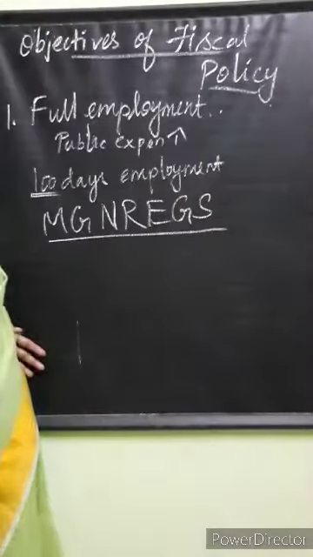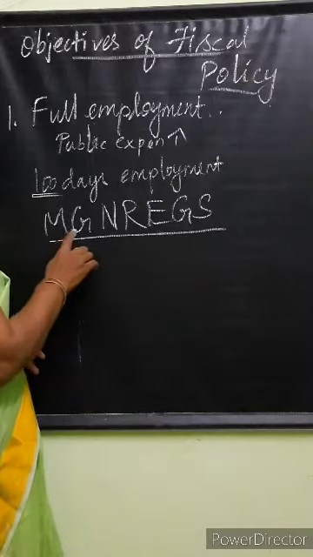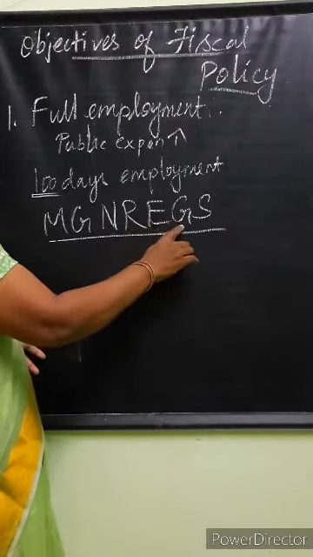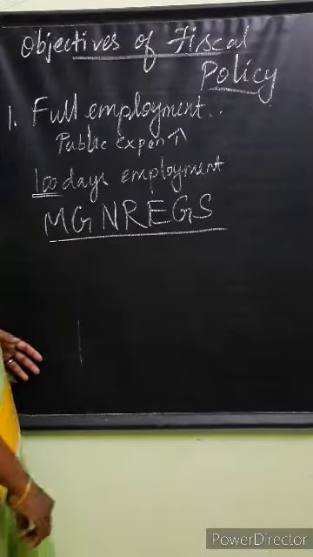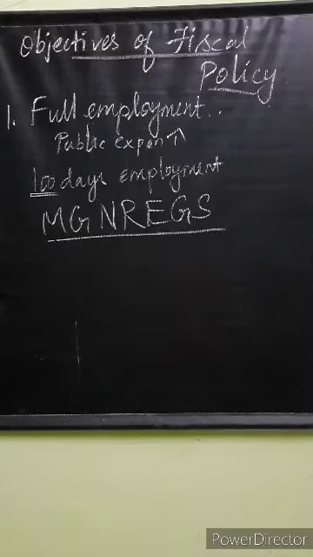Be careful, girls, you should know what MGNREGS is: Mahatma Gandhi National Rural Employment Guarantee Scheme. So these programs have been introduced to make the people in rural areas employed. So there are so many employment programs introduced to aim at employment generation.